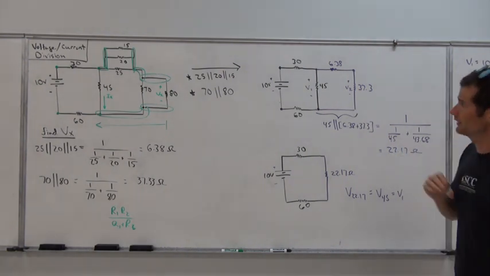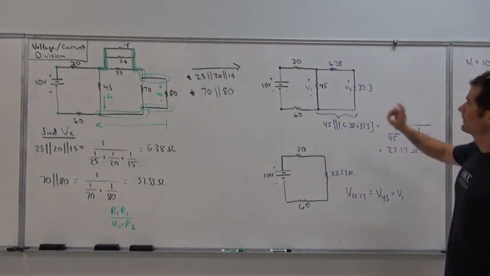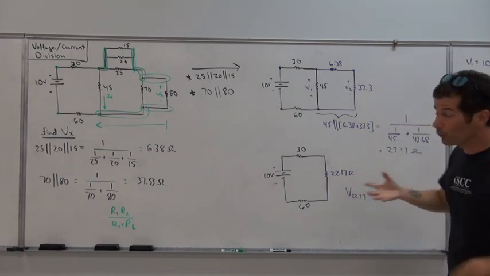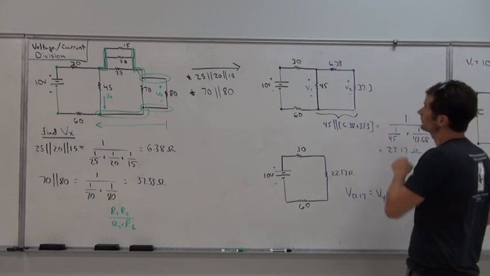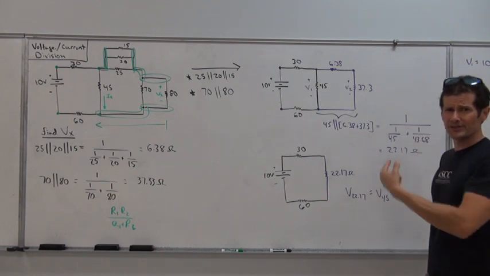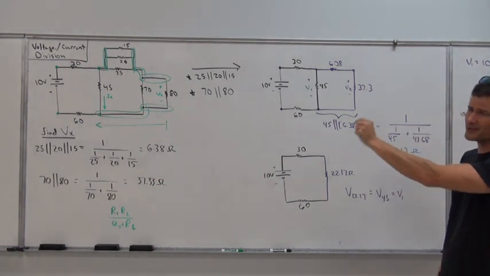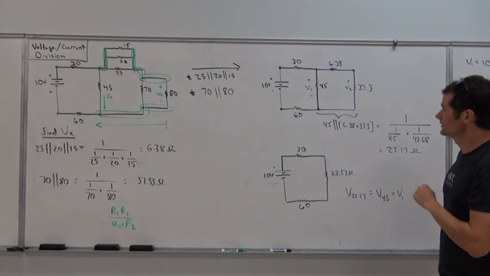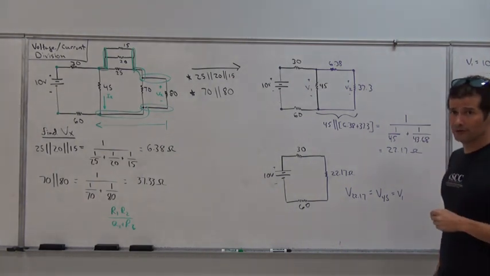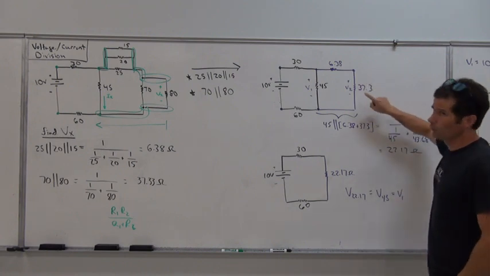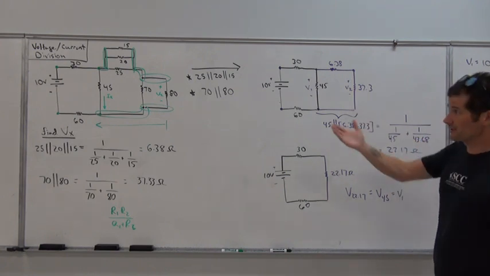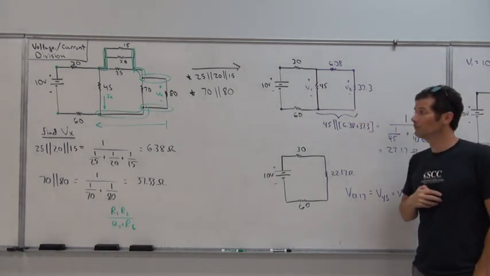There's another thing that I want to make a note of. When we combine the 70 and 80 ohm resistor into the equivalence of 37.33 ohms, that 37.33 ohms of equivalence also shares the same two nodes as the individual 70 and 80 ohm resistors. So the voltage across the 80 ohm resistor is also the same as the voltage across the equivalence of 37.3 ohms, which was 70 and 80 combined in parallel.